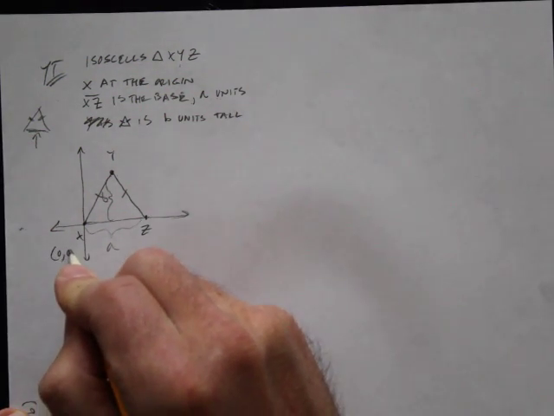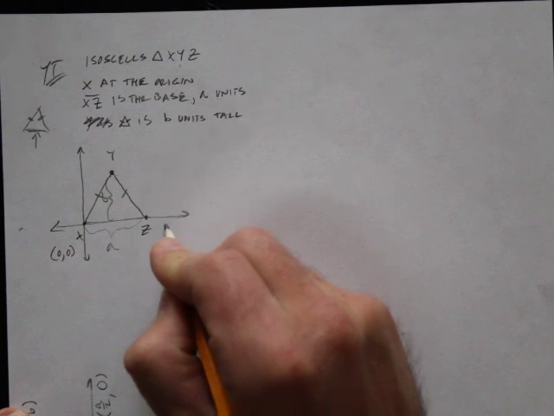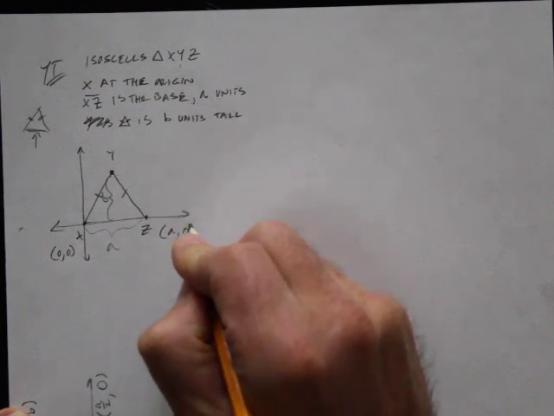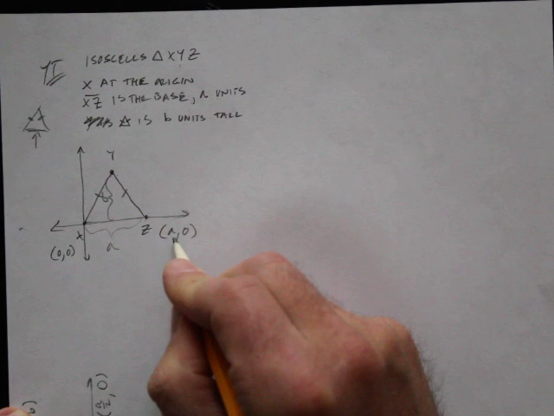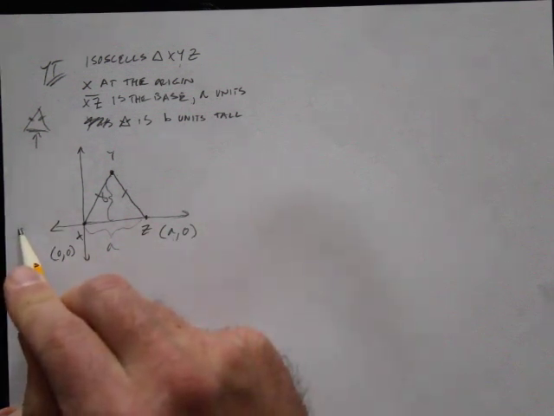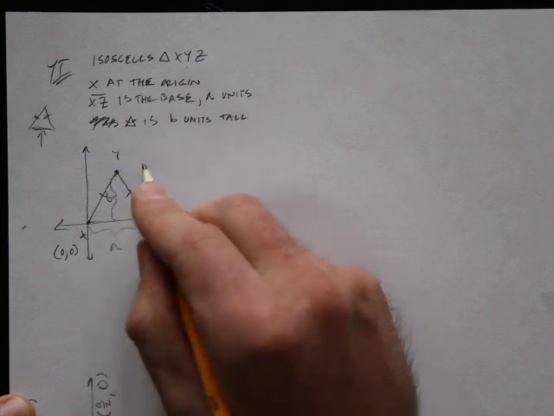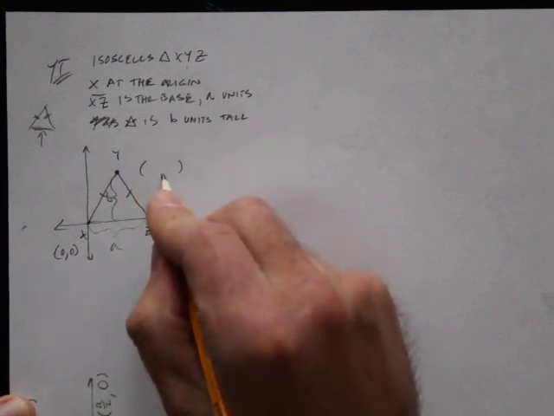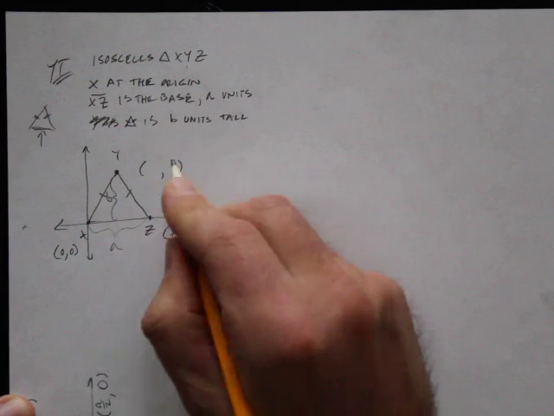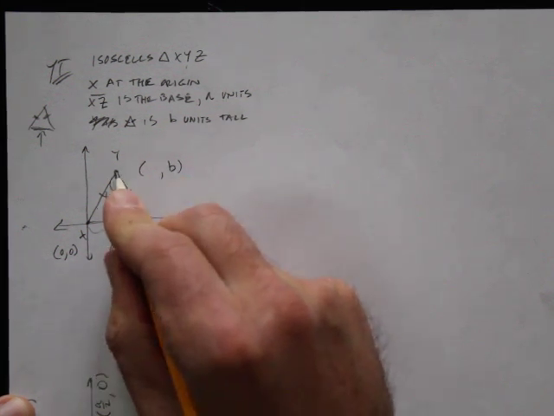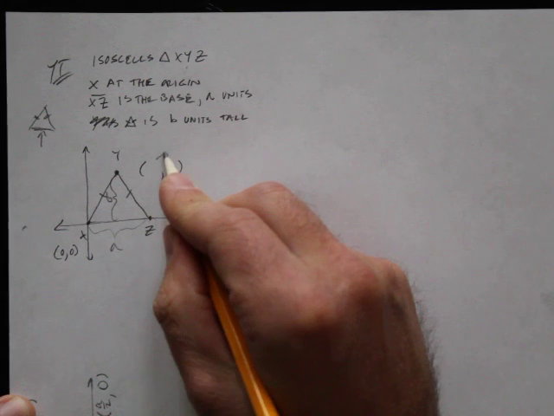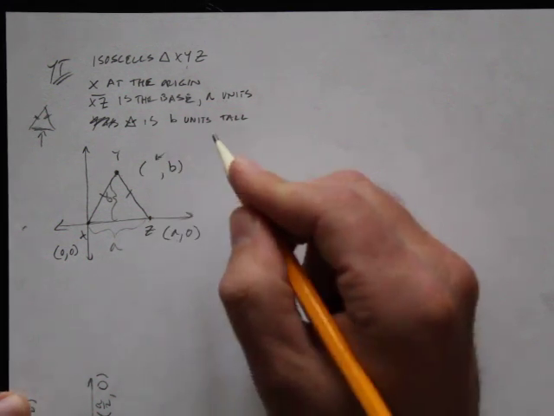X is 0, 0. Z is A, 0. The x value there is A. If it was over here, it'd be negative A, 0. Now up here, the y value is easy. That one's B, because it's B units tall. But now I've got to figure out my x value.